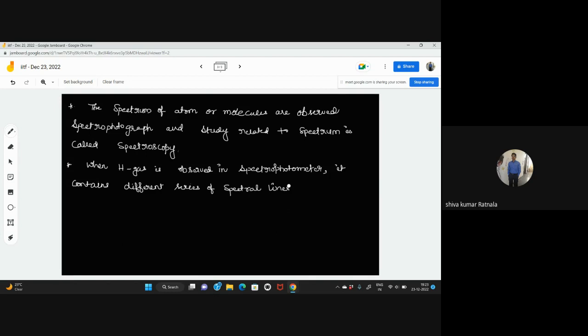Each series of spectral lines is named after a scientist.